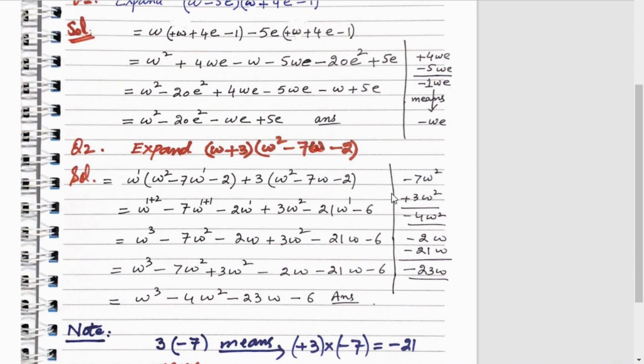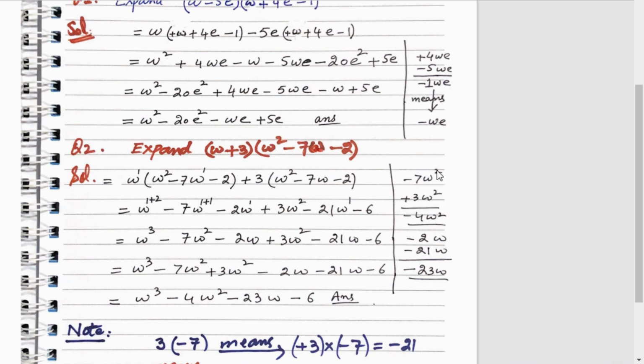It is understood in mathematics, in algebra, that when the signs are different with two terms, we subtract them. So 7 minus 3 is 4. Sign of the bigger term is minus, so it will come with the answer: minus 4. And w square is the same variable with both the terms, so we will write down w square. Students, please note one thing down.